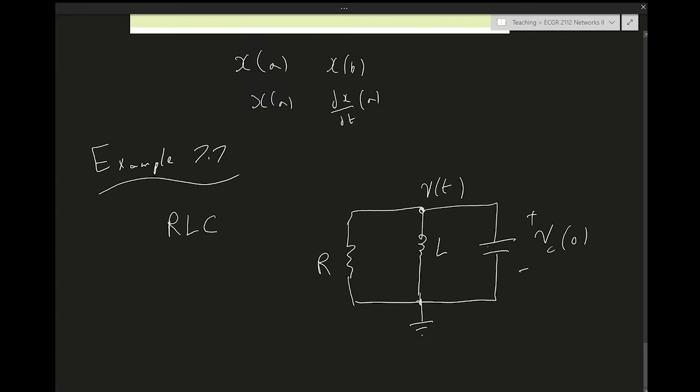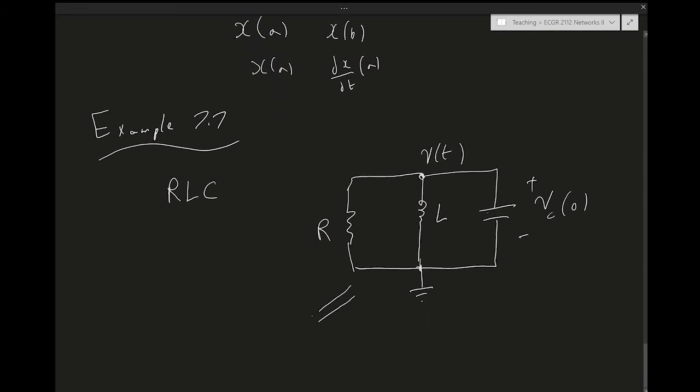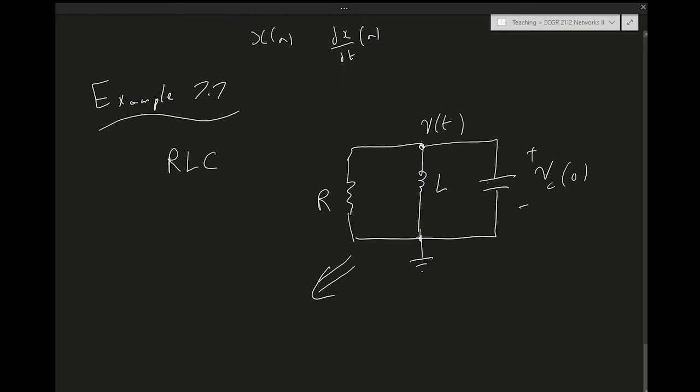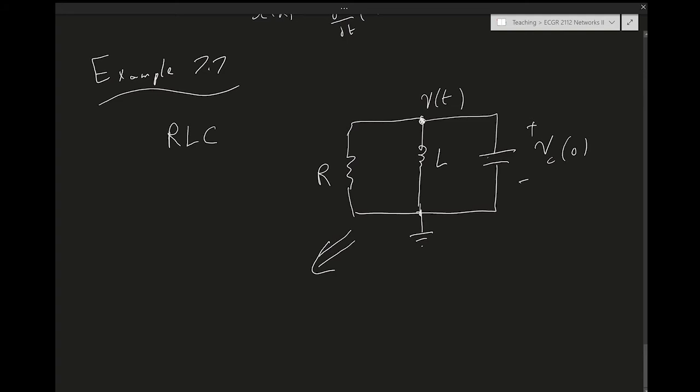Okay, so we want to write the differential equation for this RLC circuit, and I think we did that last lecture, but that's fine. Let's redo it. So we use KCL. We sum the three currents going into the inductor, capacitor, and resistor.